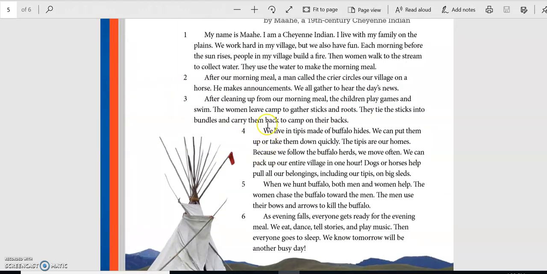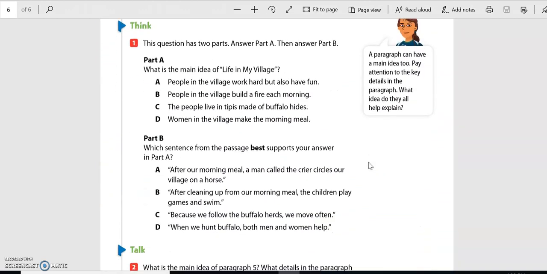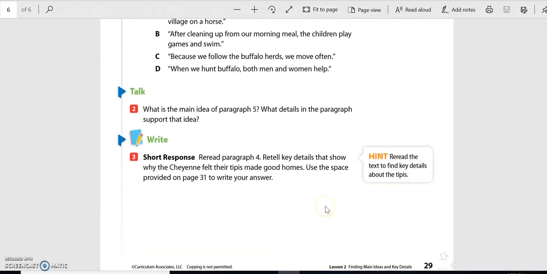So, you should have underlined several pieces of evidence. You have about 3 to 4 pieces of evidence that you could use to write your answer.